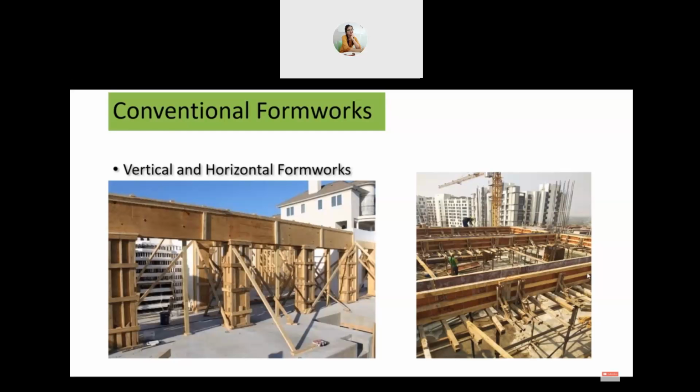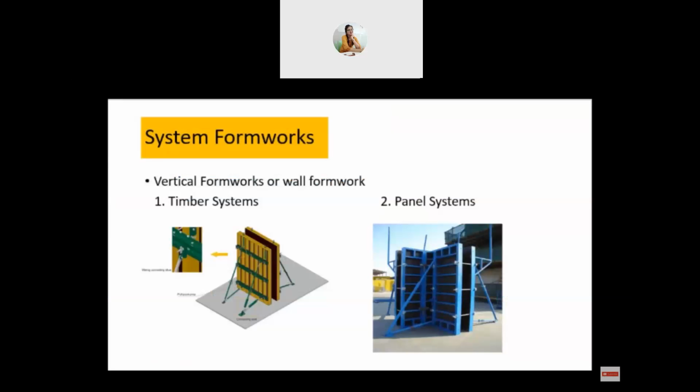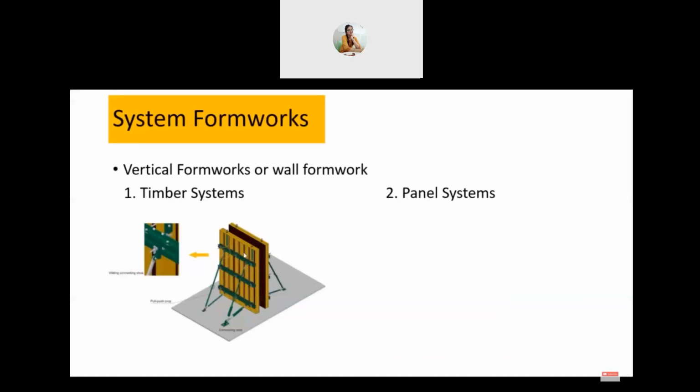In system formworks, I will explain the vertical first. In vertical, there are two types, right? Timber systems and panel systems. The timber system is derived from the same principle as our conventional formwork. You can see the same components here, but the difference is that each component is pre-designed.